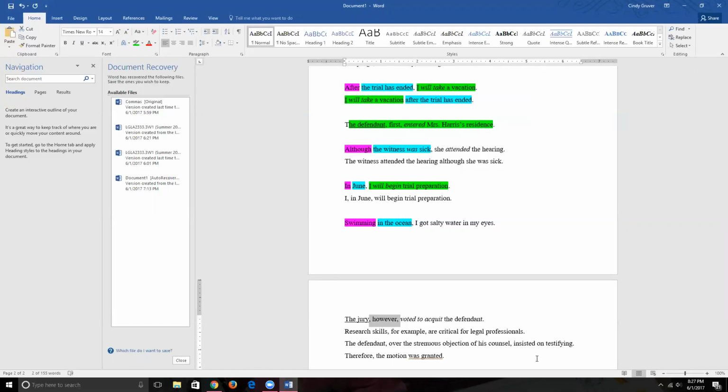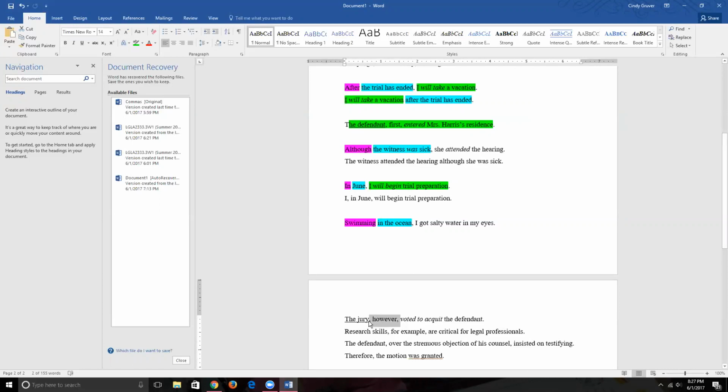Maybe we had talked about how strong the case was against the defendant, stating things that might have led the reader to think, oh, this defendant is going down. And yet now we say we're going to zig where you thought we were going to zag, in other words. And so that's how we use "however."